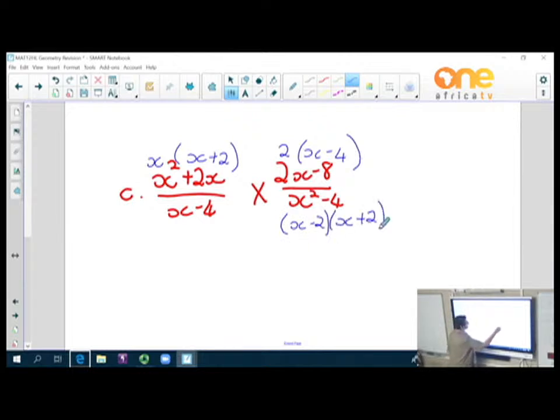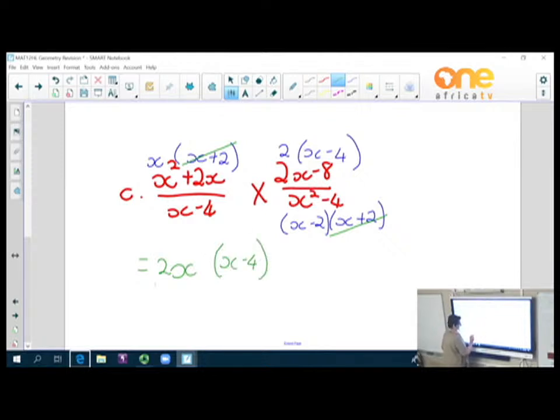I first need to factorize before I can cancel. Right, now it's the nice part where we cancel. What I do at the bottom, I do at the top.